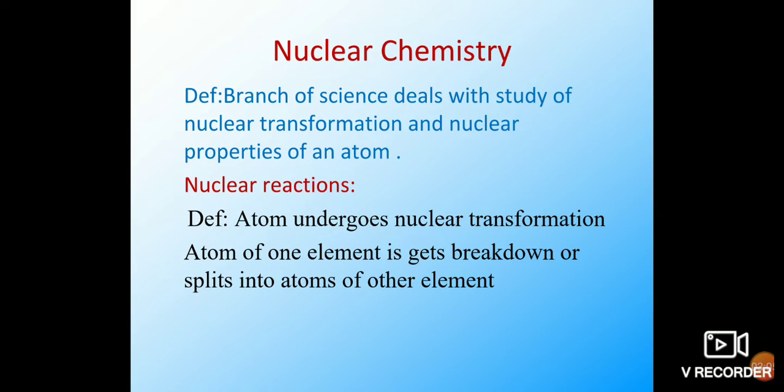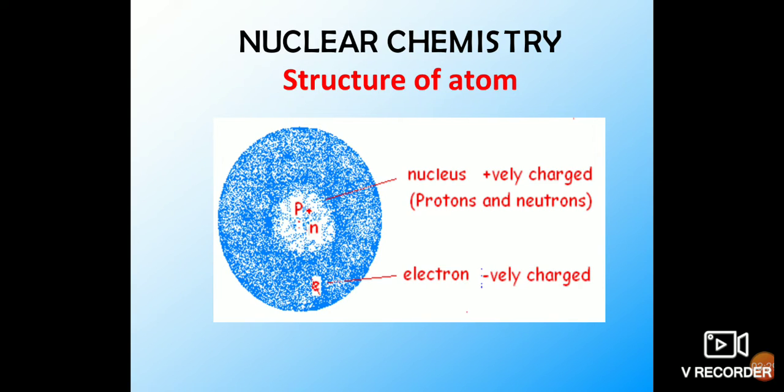That is, the atom gets breakdown into two different atoms. That means there is simply the nuclear transformation, that is nucleus transformation is there. Okay, so this is about that nuclear reactions, that is atomic transmutation.